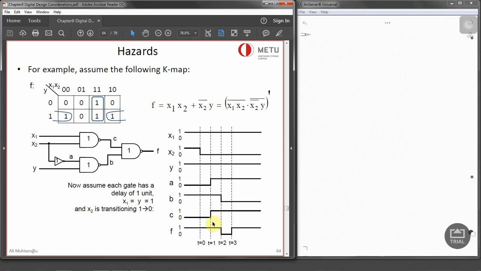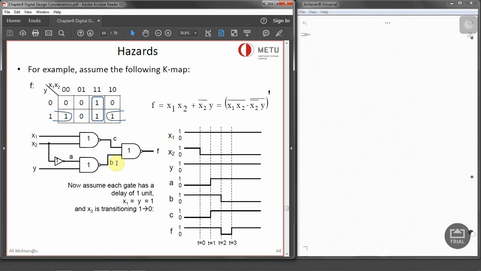Okay, so we have to delay it. When it's changing over there, then we need to wait 1 unit delay to see the change over there. And for B, this is going to be A and Y. So A is 0 over there and Y is 1 and B is 1. But as A is changing on the next, so 1 is over there, 1 is over there, then on the last cycle we start to see the change of B.